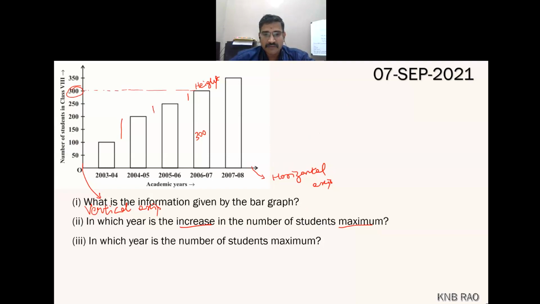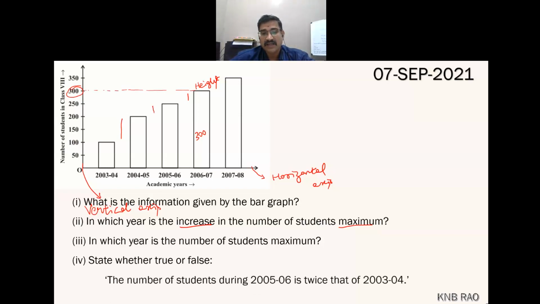Okay, got to know. Then the last question. State whether true or false for the following statement: the number of students during 2005 and 6 is twice the number of students in 2003. False, sir. Why false?